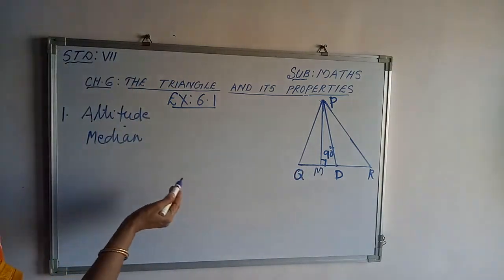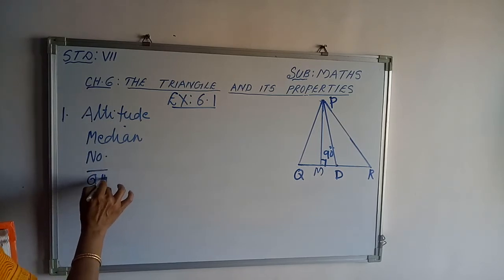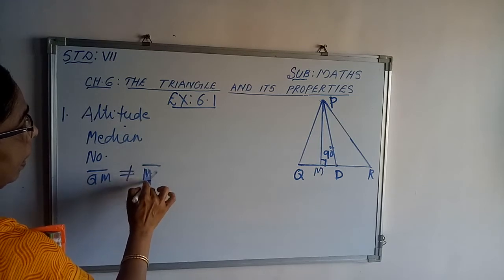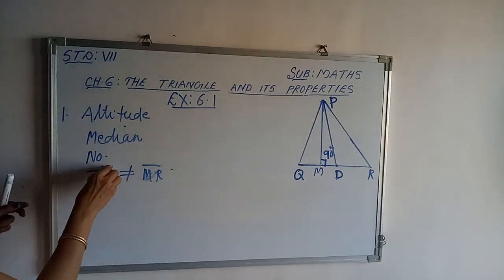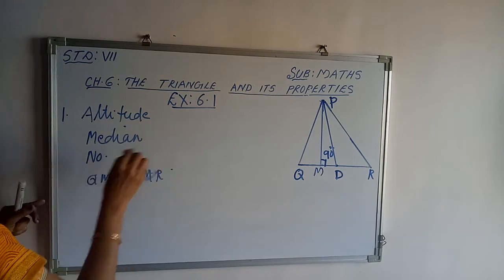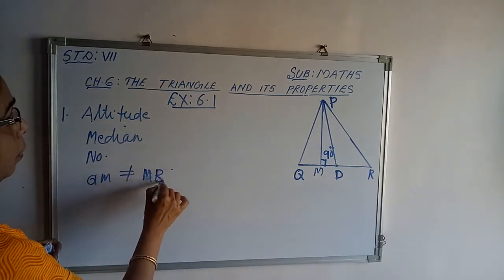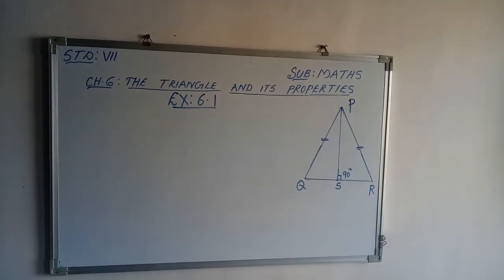So segment QM is not equal to segment MR. So QM is not equal to MR because M is not the midpoint.